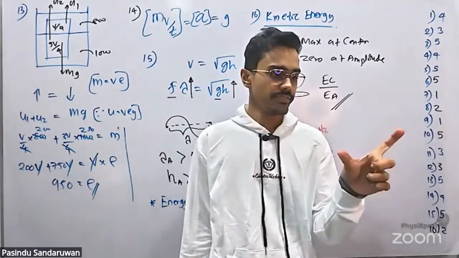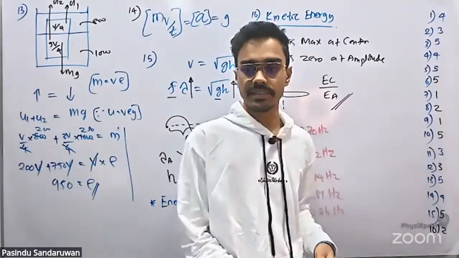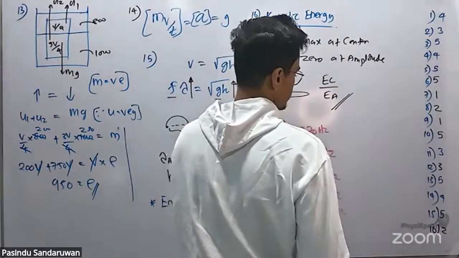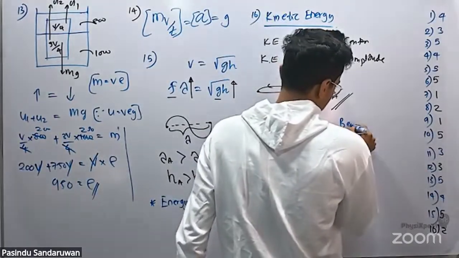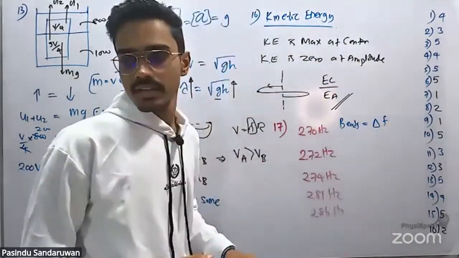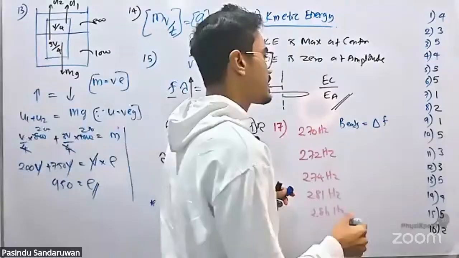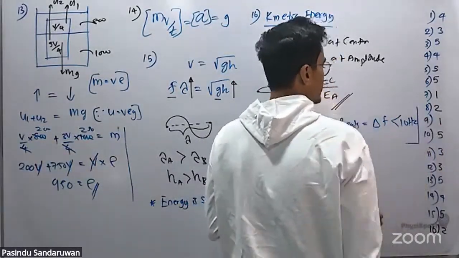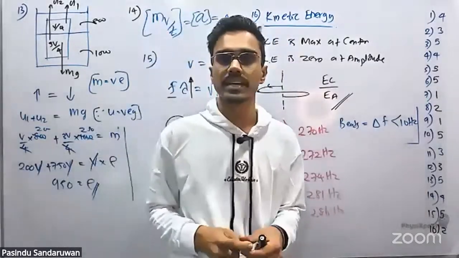We know beats means the difference between frequencies, no? But this difference should be less than 10 hertz in order to be heard by a human ear.